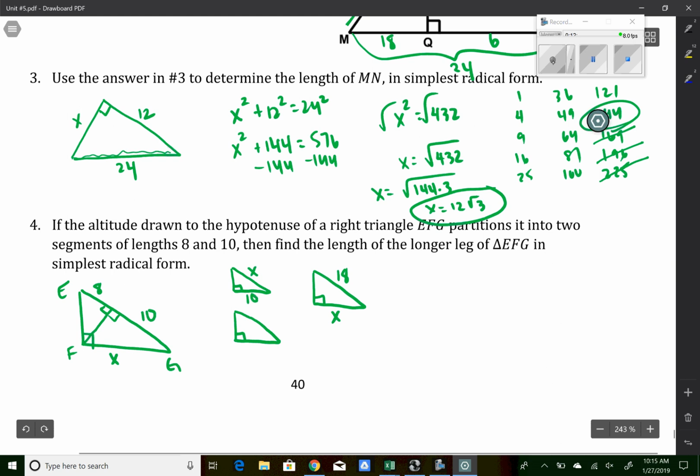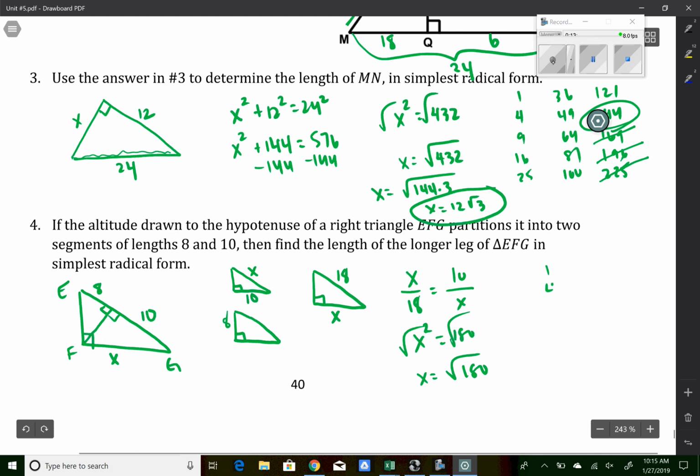That's enough info for me. In the smallest triangle, I just know the shortest leg is 8. That's going to be irrelevant info for me. So I could say x becomes 18, the same ratio that 10 becomes x. So I have x squared equals 180. Square root it. So I have x equals the square root of 180.